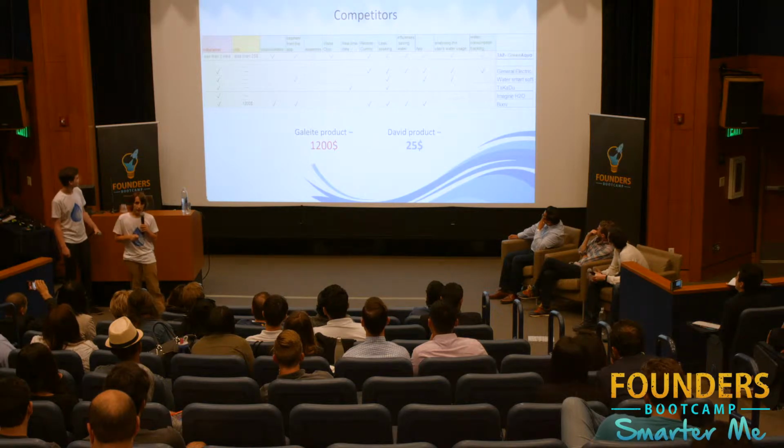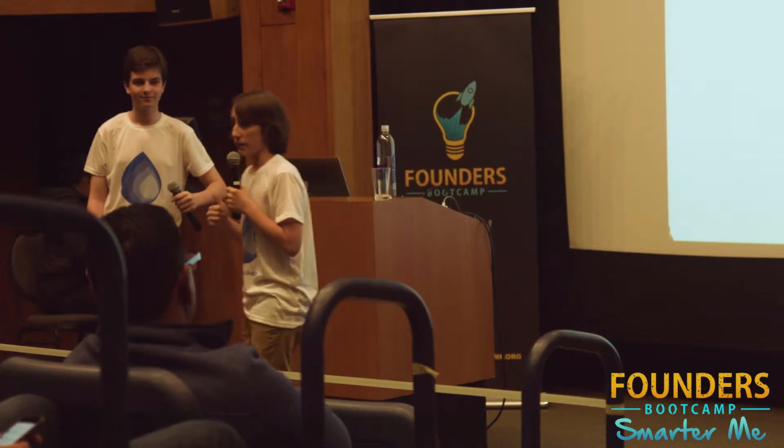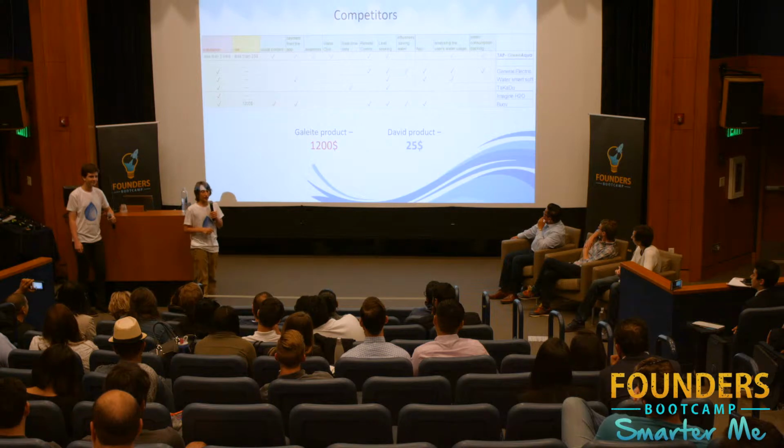Our product can make it $25 for one product. That means that we can provide our product to the houses, to the organizations, to the cities, to the countries, to the whole USA, to the whole world, including Africa.